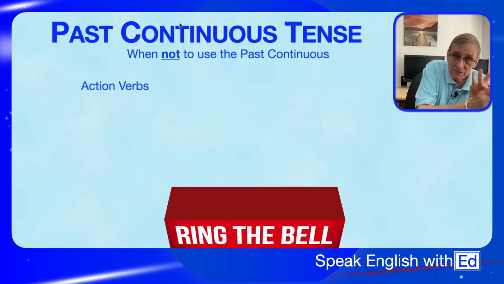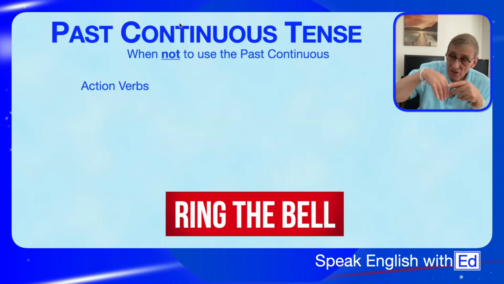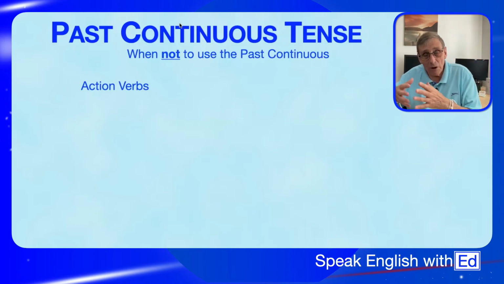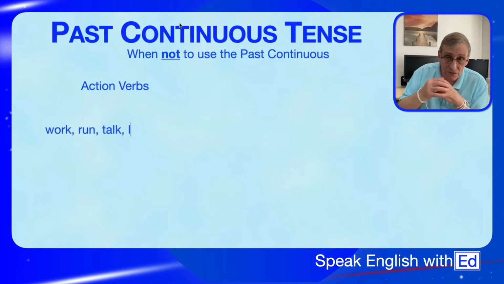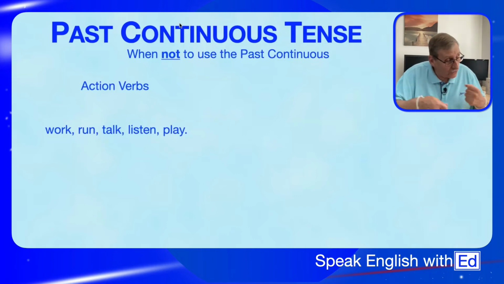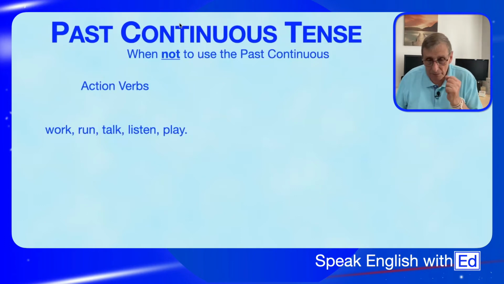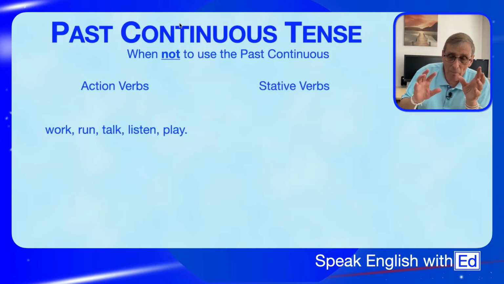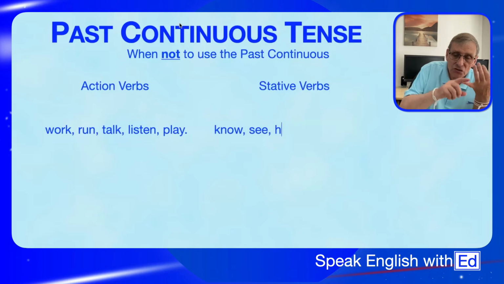We've got active action verbs, verbs that talk about an activity or an action, and we've got stative verbs. Action verbs are run, work, talk, listen and play, because you do all these things. And stative verbs are verbs like to know, to see, to hear, to agree, to hate.